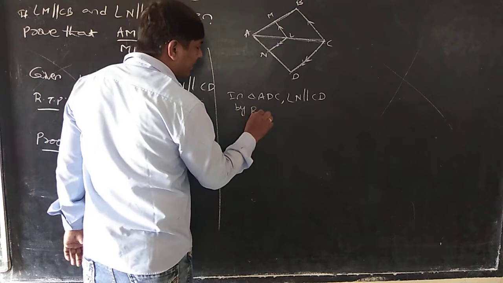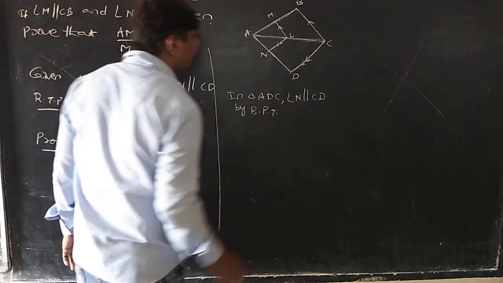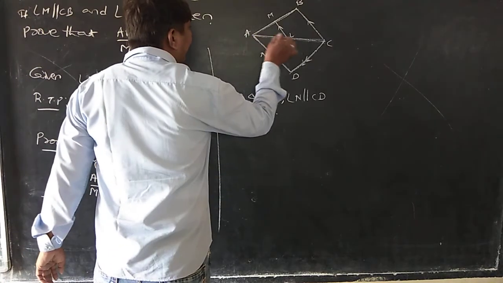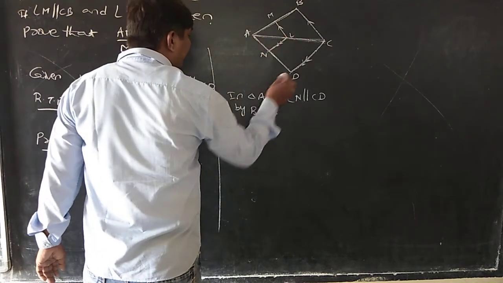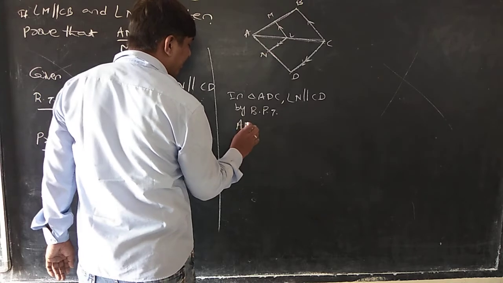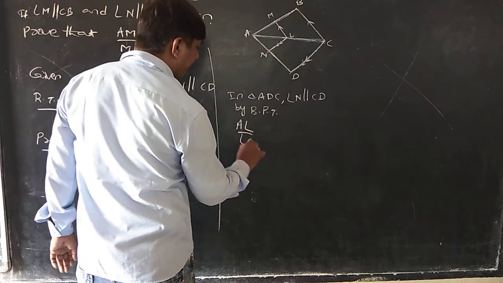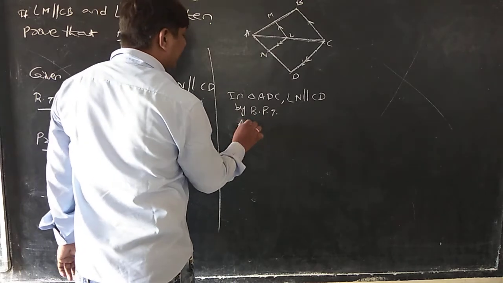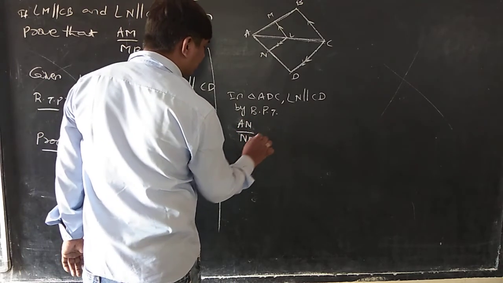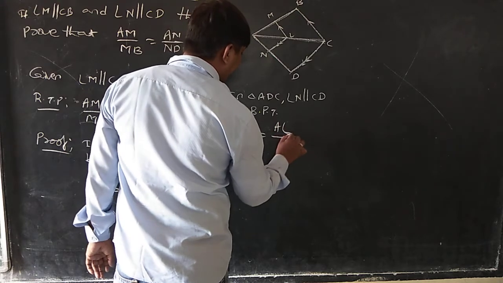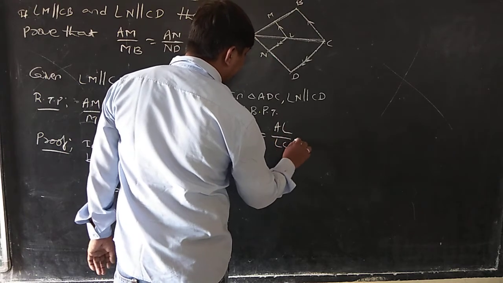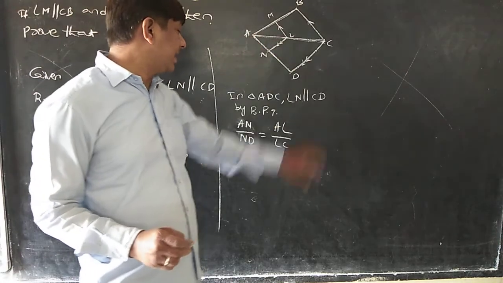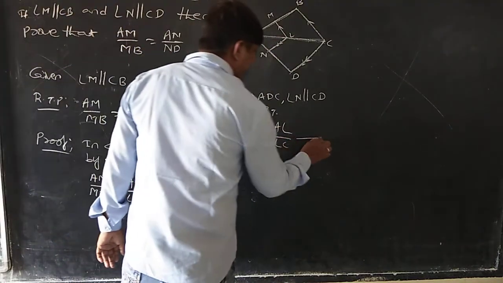Again by basic proportionality theorem, AN by ND is equal to AL by LC. This is equation number 2.